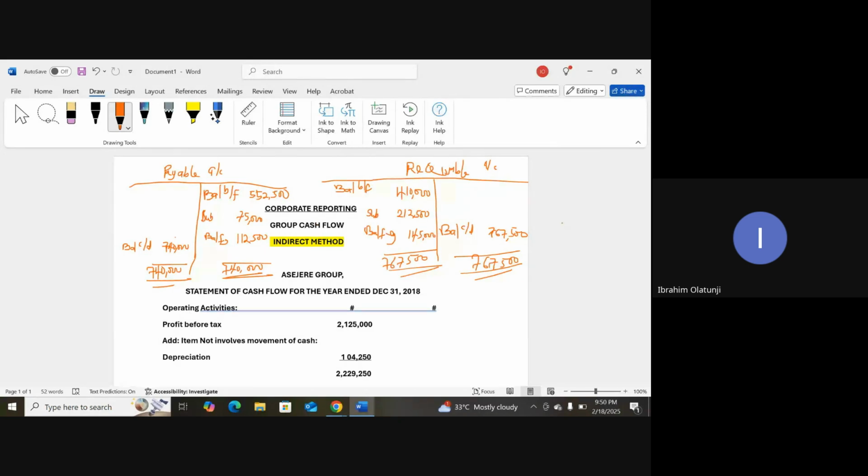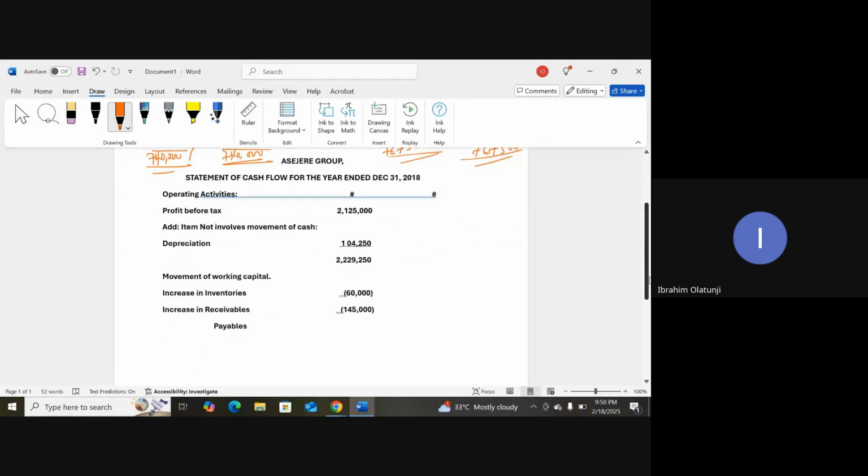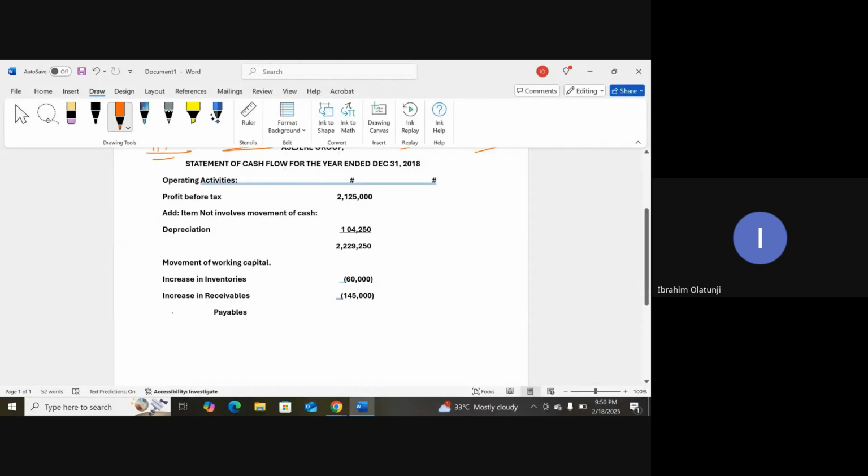Your company is owing people outside there. So it is an increase in payable.